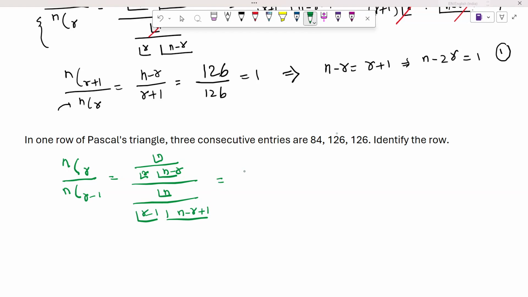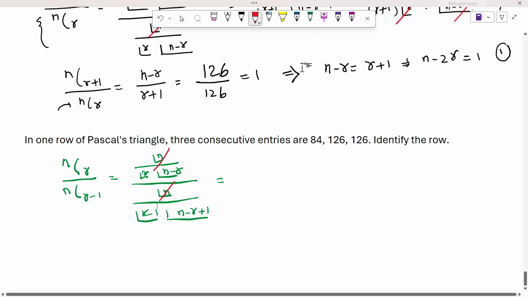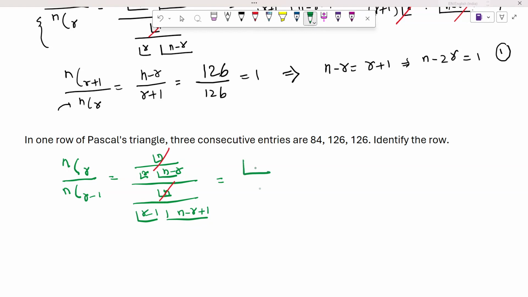Of course factorial n cancels out, and we have factorial r minus 1 into factorial n minus r plus 1 upon factorial r into factorial n minus r.